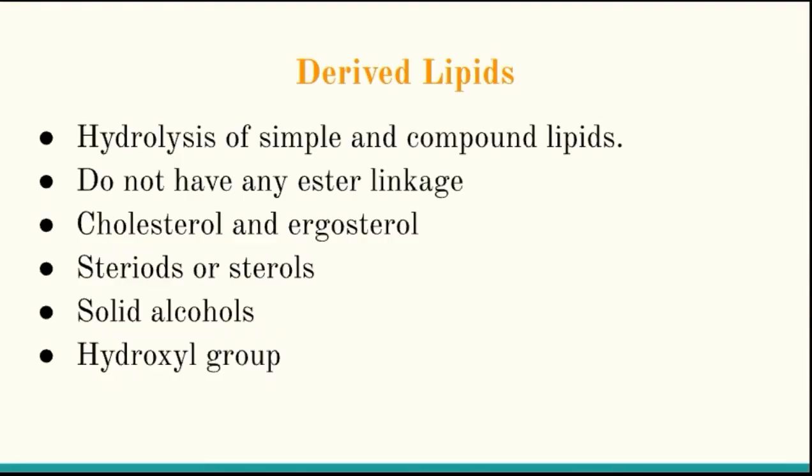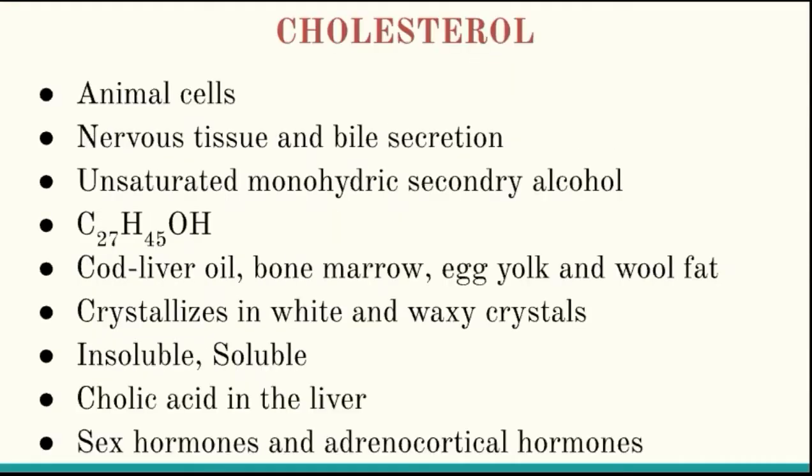Next, in the derived lipids we will study these two, cholesterol as well as ergosterol, thoroughly. First is cholesterol. Cholesterol is the best known example of sterols, which is present in all animal cells and particularly abundant in nervous tissue and bile secretion.